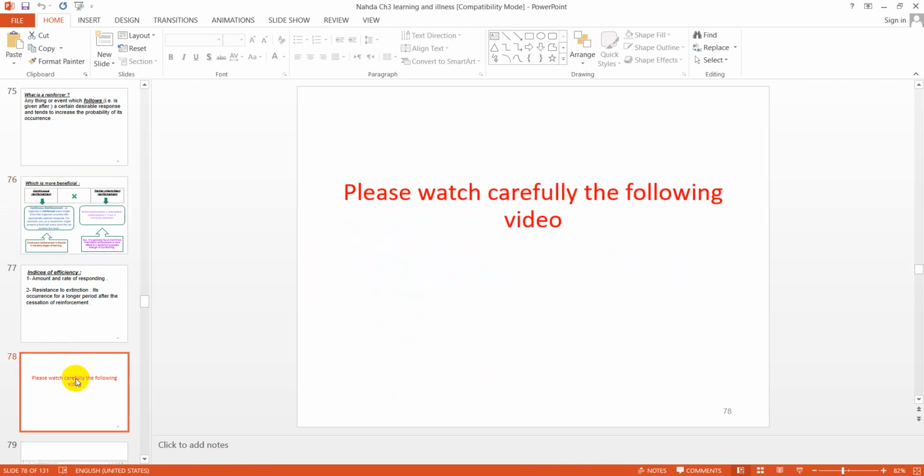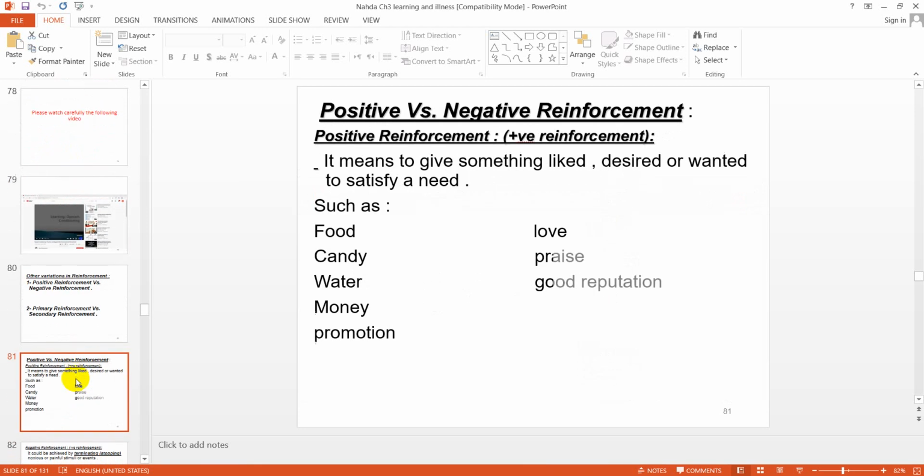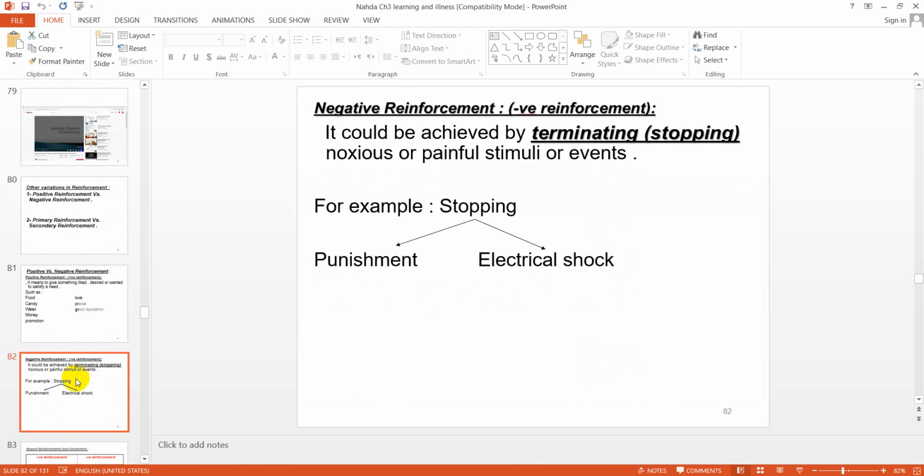And also we differentiated between positive and negative reinforcement. Positive reinforcement means to give something liked, desired or wanted, satisfying a need. But negative reinforcement could be achieved by terminating or stopping painful stimuli or events.